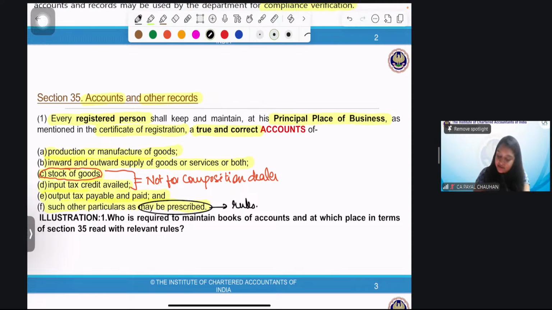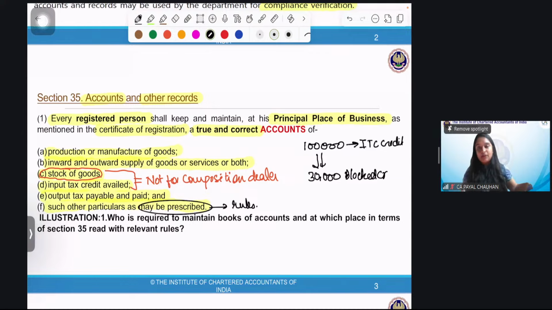Next question to you is, I have 1 lakh rupees of ITC credit, but 30,000 is block credit. Do you people have an idea about block credit? Okay, can I mention the section? 17.5. Yes, 17.5. So credit available is 70,000.